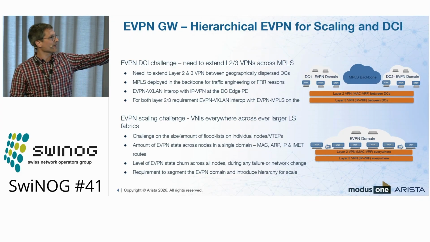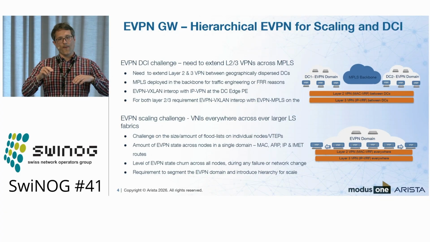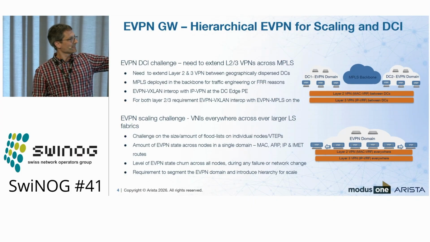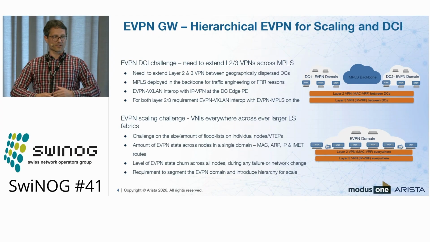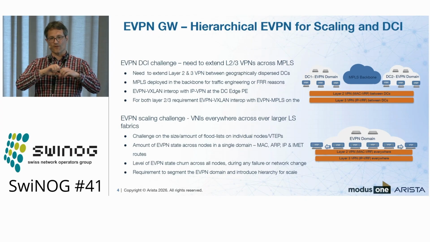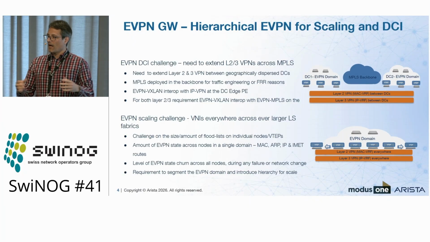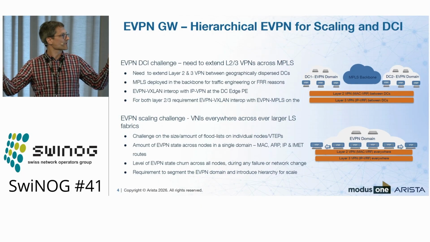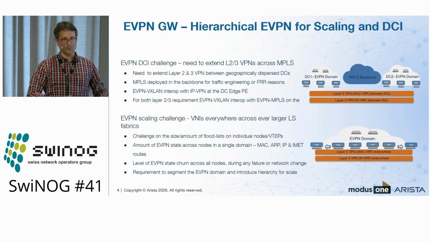The first is if we have 2 data centers and maybe some form of backbone, maybe an MPLS backbone in between, how can we provision a service from data center 1 to data center 2 without cumbersome VLAN handoffs between a PE router and our fabric? How can we build really end-to-end services? That's one challenge where EVPN gateways help us.